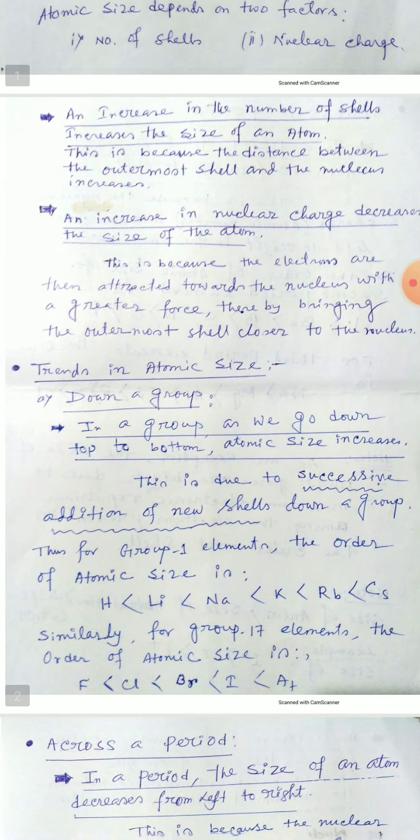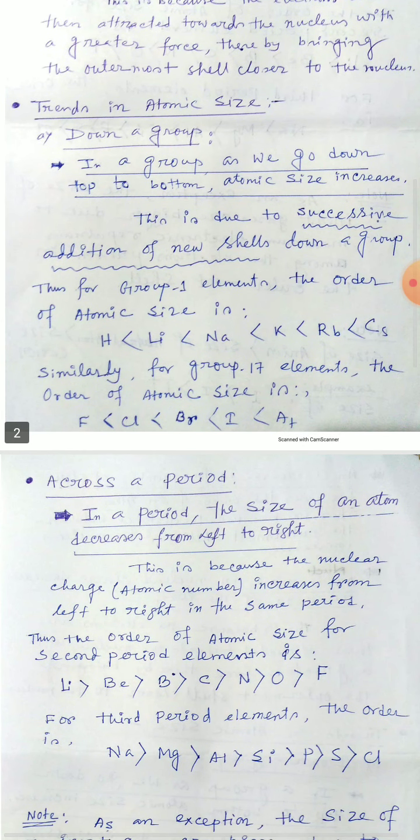Now, the trend in atomic size, that is, the variation in atomic size down a group and along a period. So how does atomic size vary along a period or group? Let's see, down a group, that is from top to bottom.